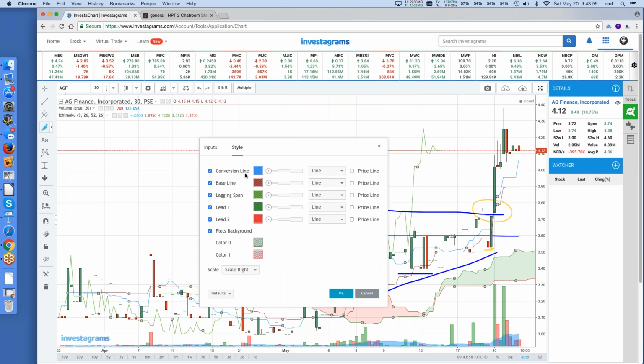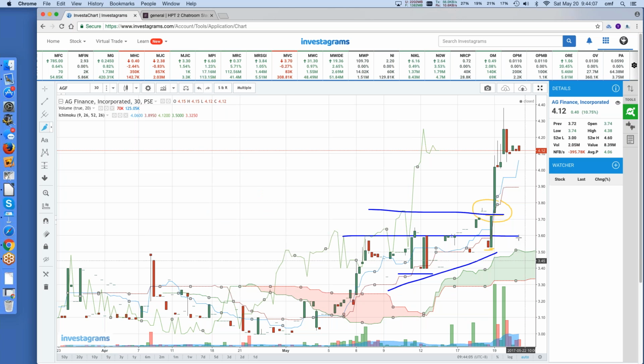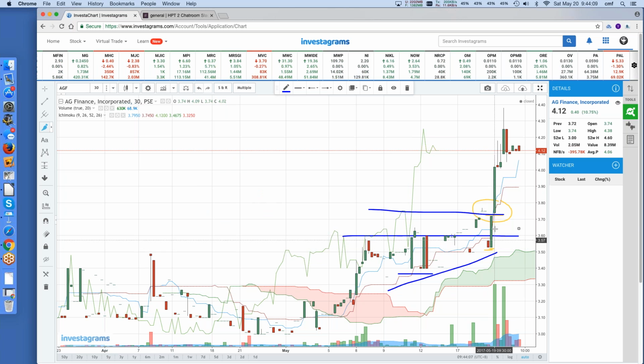The conversion line is the Tenkan Sen, baseline is the Kijun Sen. So look at this, the colors are different from the settings in Make Trade, so just keep note of that. So at the closing on Thursday, the price is above all Ichimoku elements, saying that it's bullish. So at this point, on the opening of Friday, you are able to enter.